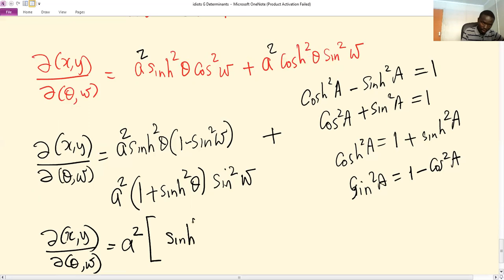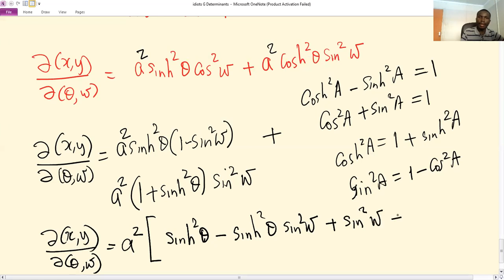So hyperbolic sine squared theta minus hyperbolic sine squared theta sine squared omega plus sine squared omega, plus hyperbolic sine squared theta sine squared omega.